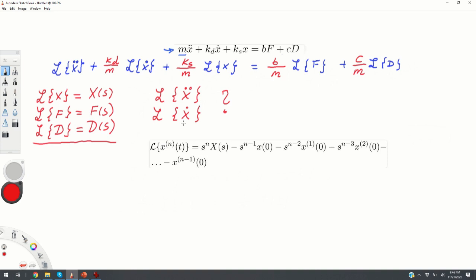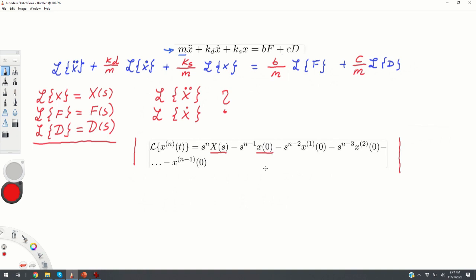To answer these questions, we need to use the following formula. This formula tells us that if we take the Laplace transform of the n-th derivative of a time function x of t, we will obtain something that looks like this. It is equal to s to the power n times the Laplace transform of x of t, denoted by x of s, and we have in addition these terms over here.